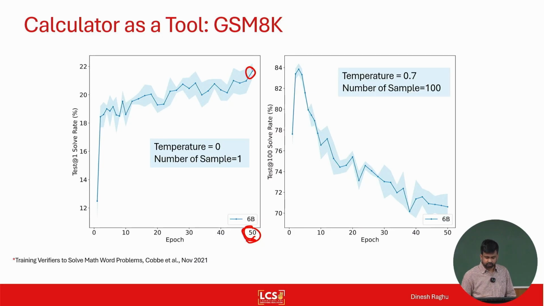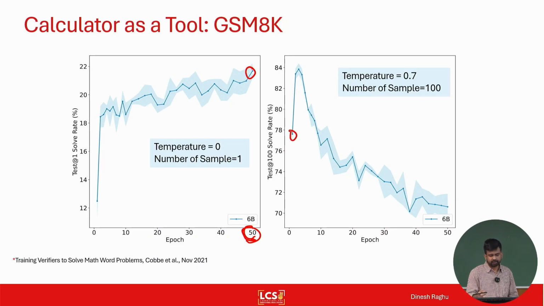On the other hand, what they did was they set the temperature a little higher, right? Which means the model can now generate slightly more variations and also get out slightly less probable output sequences. And then they sampled 100 samples, right? And what they saw was, even slightly after the training started, it was around 78, right?